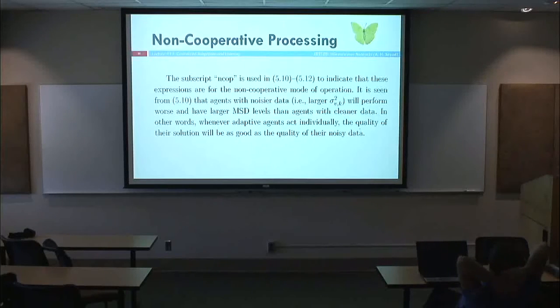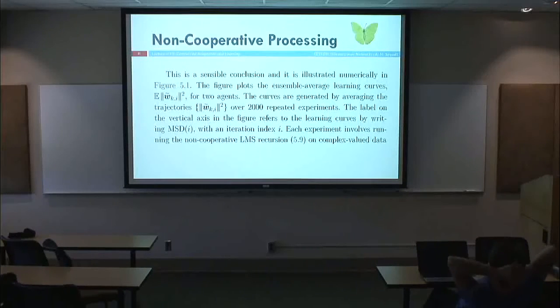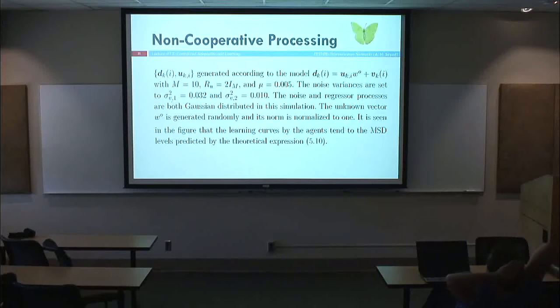Very good. So I have a simulation here, and I'm just describing the simulation. I'm averaging over 2,000 experiments, averaging the learning curves, the mean square error curves, over 2,000 experiments to generate the expected value over time, and M is 10 in this case.